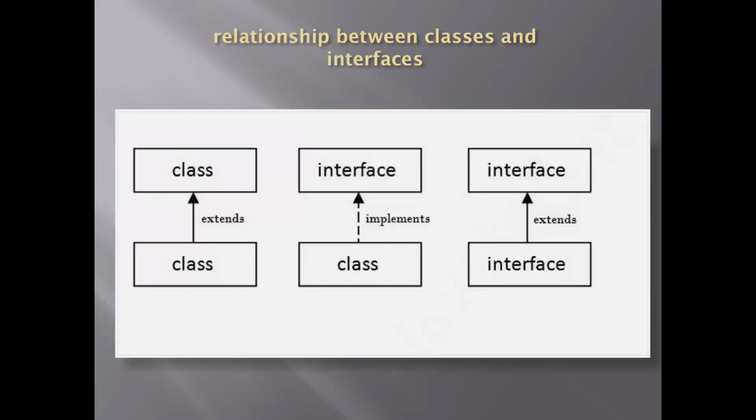Then we have to discuss the relationship between class and interface. You already know, from when we explained inheritance, that a class can extend another class, meaning a class can inherit the properties and the behavior of another class using the keyword extends. Exactly the same can happen between two interfaces.